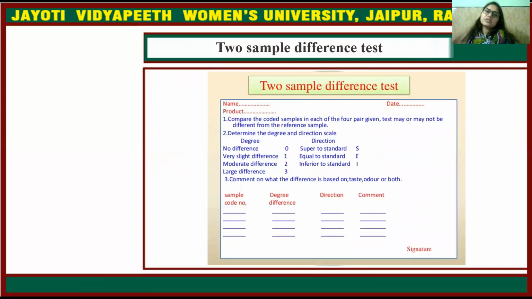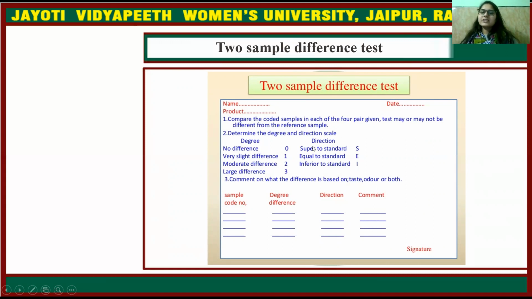This is the two sample difference test performer, in which you write your name, date, and product. The instructions are to compare the coded sample in each of the 4 pairs given, which may or may not be different from the reference sample, and you have to determine the degree and direction. For degree, 0 is no difference, 1 is very slight difference, 2 is moderate difference, and 3 is large difference.